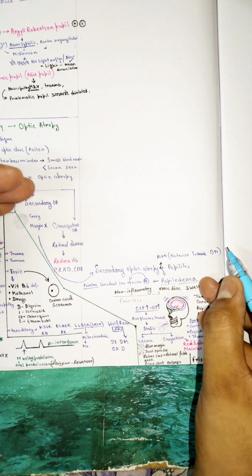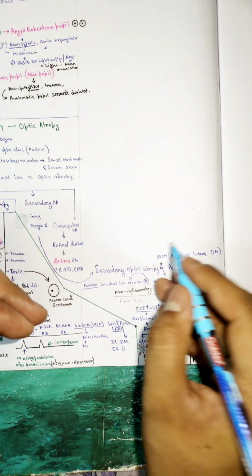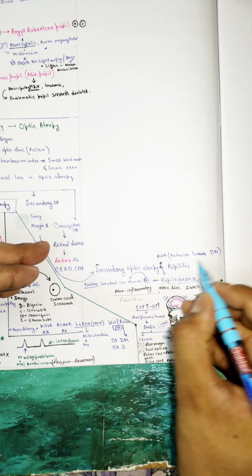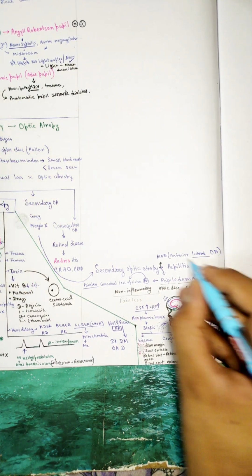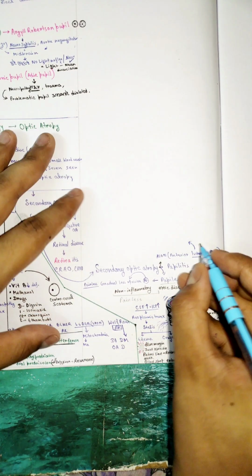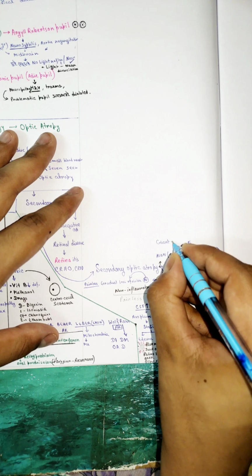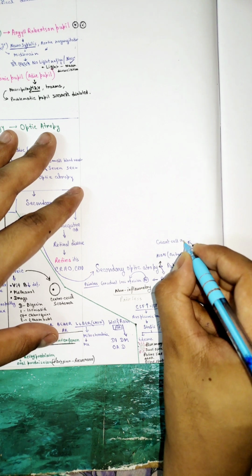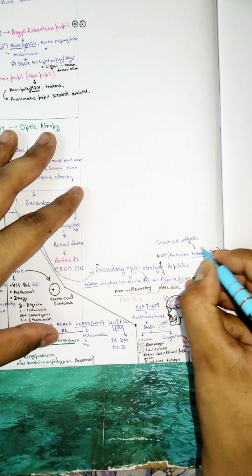There are two reasons behind this blood supply problem. One is giant cell arthritis, that is also vasculitis.